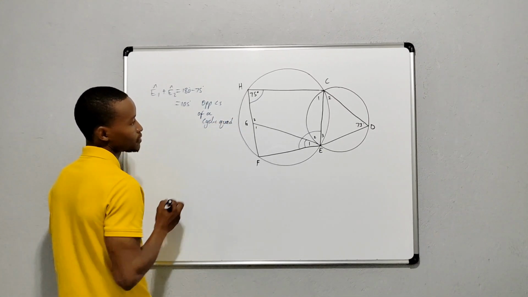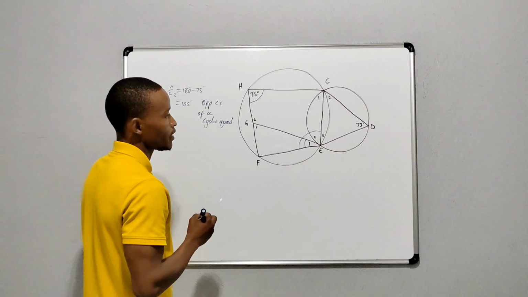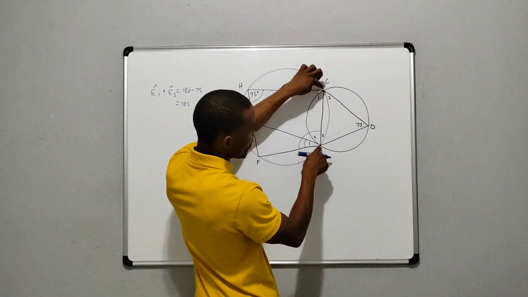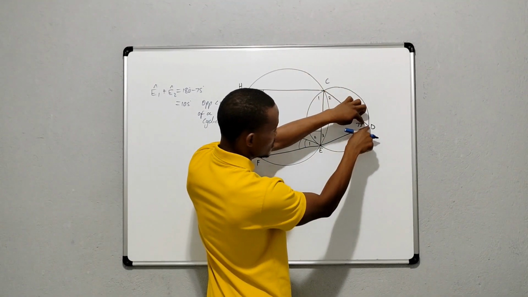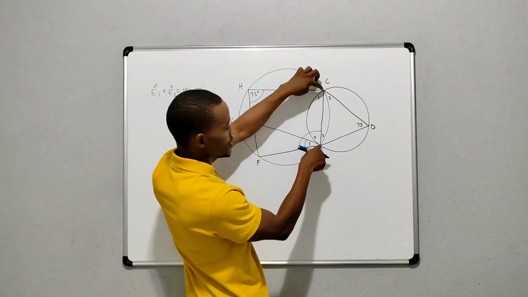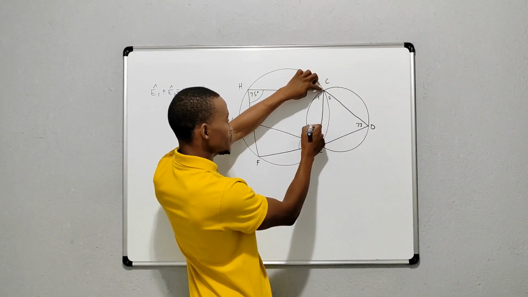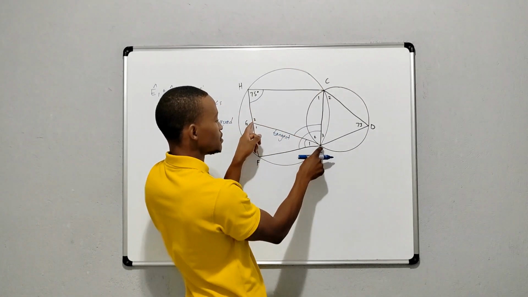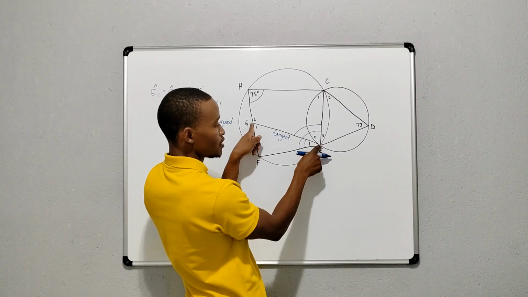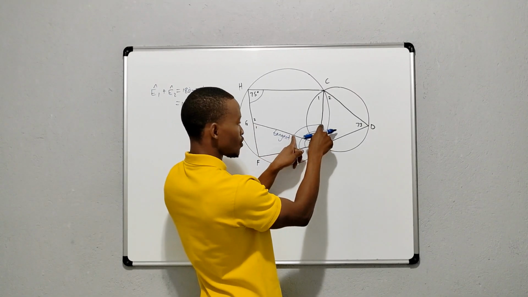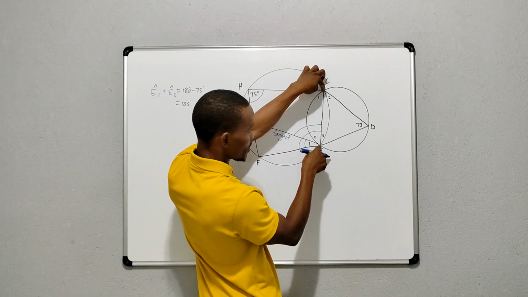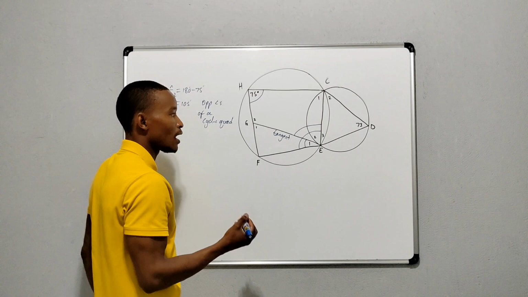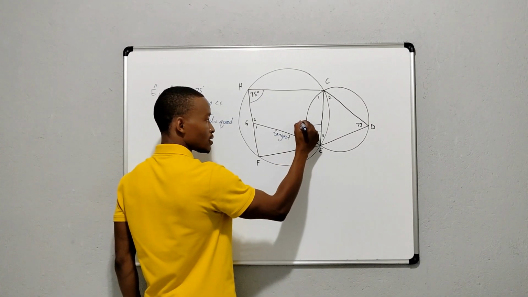Okay, that is what we know. However, this angle 73 is subtended by this chord CE. However, this chord CE makes contact with a tangent here, GE. So the angle between the tangent and the chord is equal to the angle subtended by the same chord at the circumference of the circle in the alternate segment. So what must this angle be?